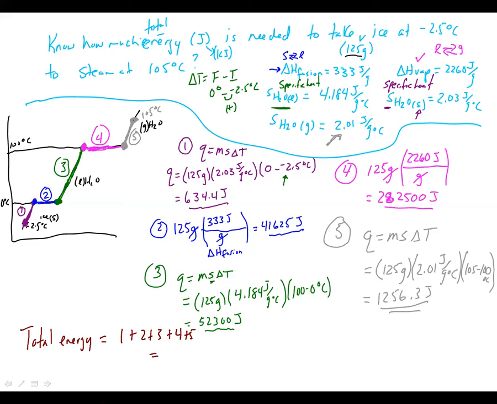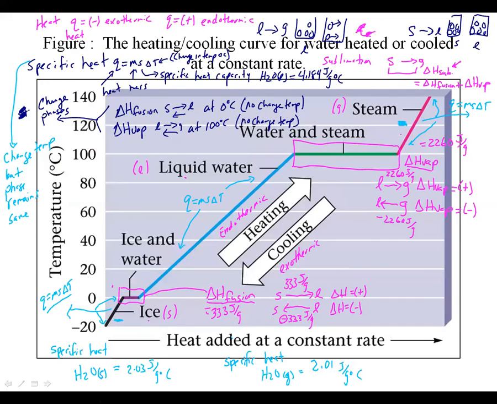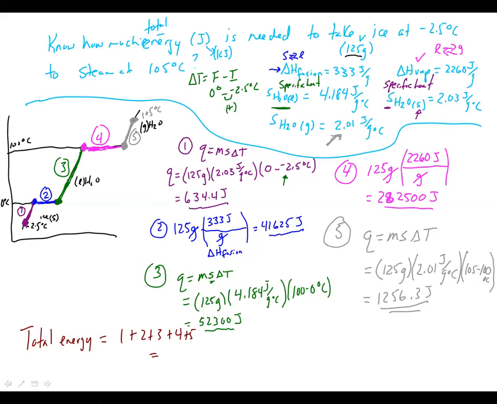And 1256.3 was step 5. That gives you a grand total when it's all said and done of 378,315.7 joules. And if we convert it into kilojoules, divide by 1,000, it is roughly 378 kilojoules of energy needed to do that.